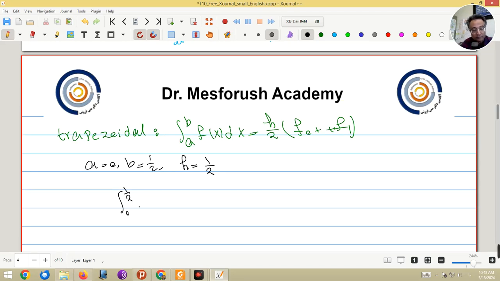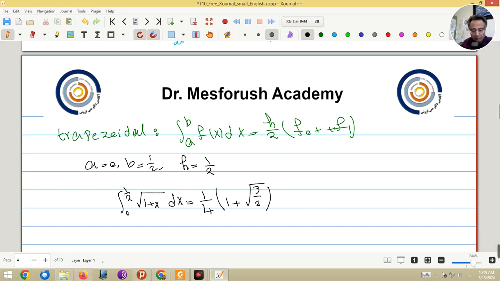Okay, so if I put these values in this formula, I will get the integral from 0 to half of square root of 1 plus x dx is equal to h, which is half, over 2 is 1 over 4, times f0. Square root of 1 plus 0 is 1, plus f1, square root of 1 plus 1 half, which is square root of 3 over 2, right?